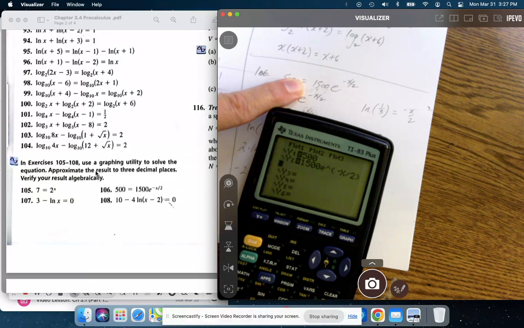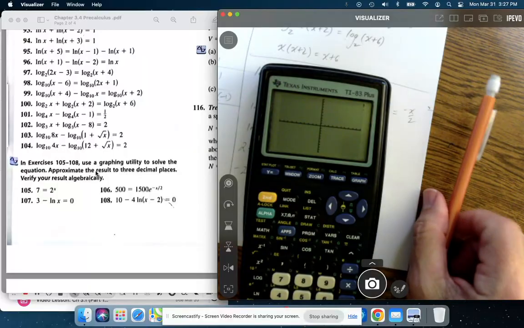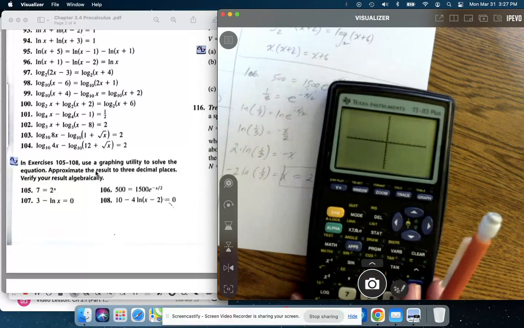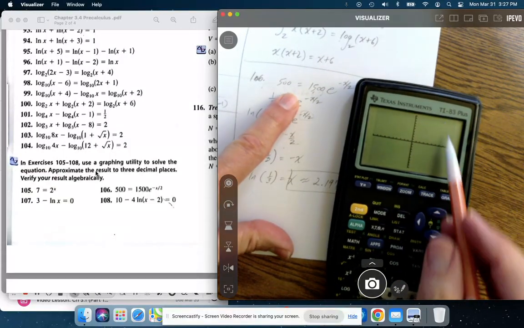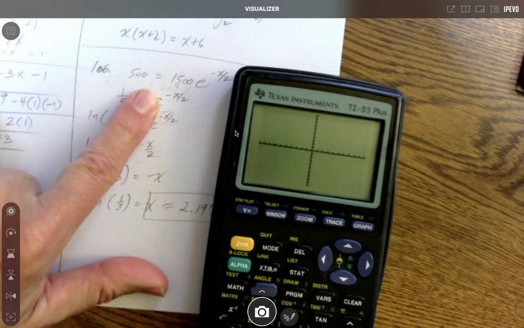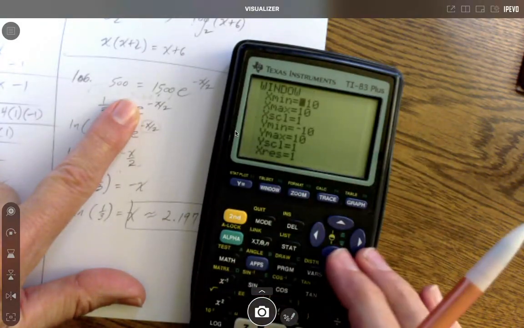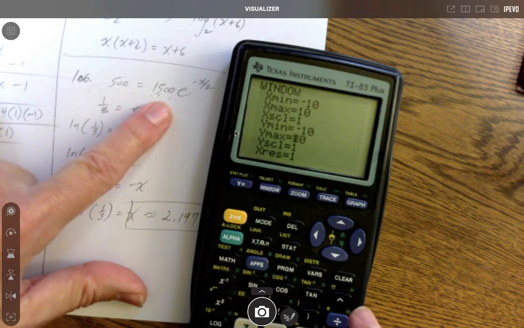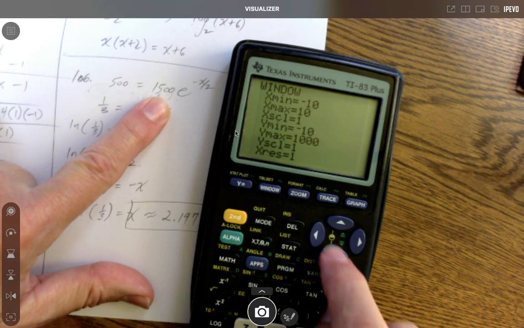So when you go to graph this, you're not even going to probably see anything here. The reason is they're way, way up on the y-axis because of these large numbers right here. So what do I do to see where they cross? Well, I need to go into my window and I need to change that y max to maybe 1500. I don't know. I'll try 1000 to see what happens.